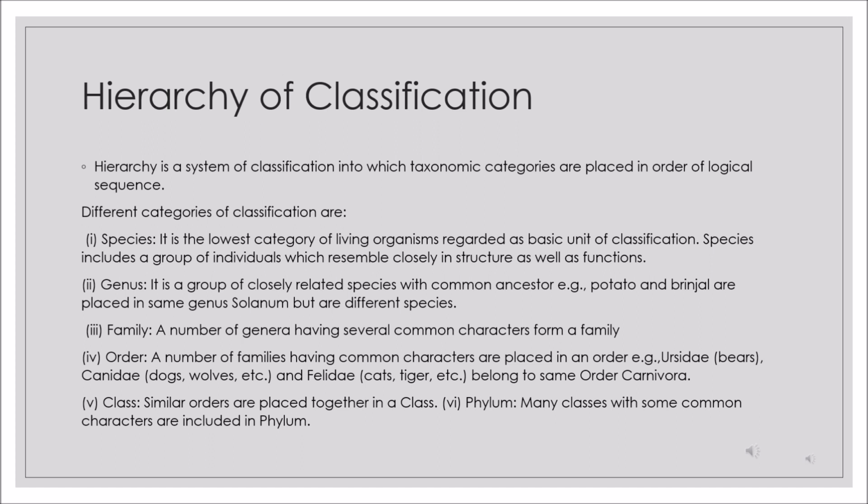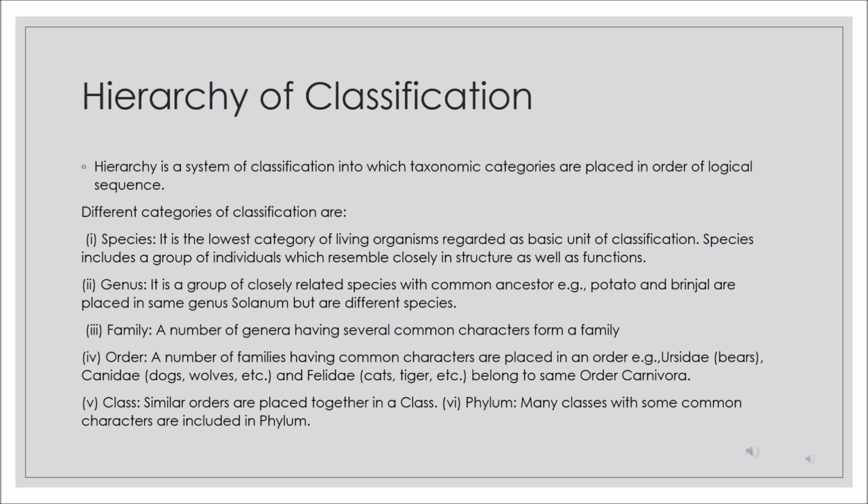So, what is hierarchy? Hierarchy is a system of classification in which all the different categories of the taxonomy are arranged. So, what is taxonomy? Anything which is used to classify something, which is related to classification, is known as taxonomy. These classifications have been divided into different categories.